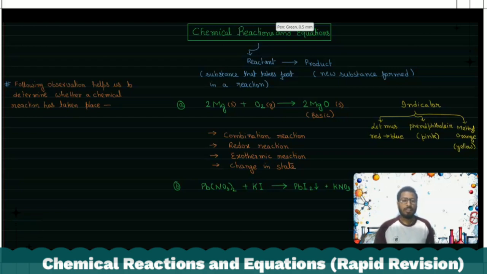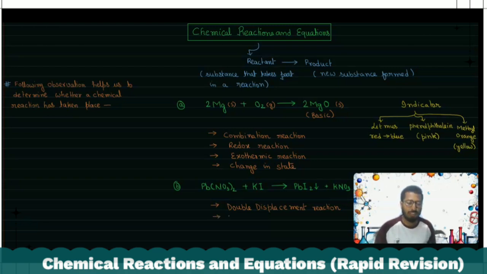Now let's discuss this reaction. What will we be seeing in this one? First, what type of reaction is this? This is a double displacement reaction. Next, is it a redox reaction?